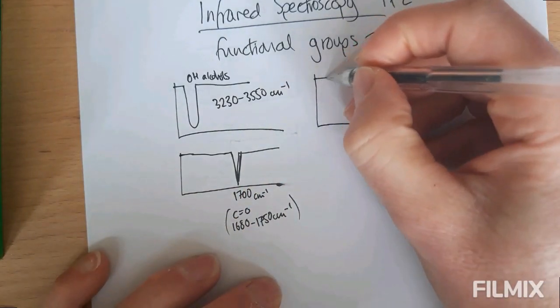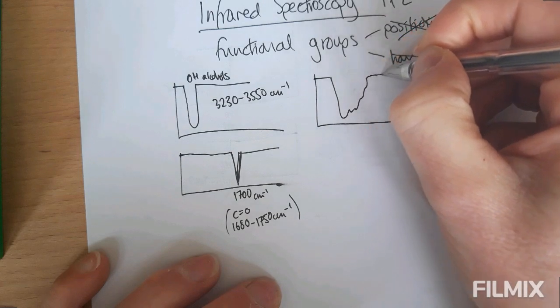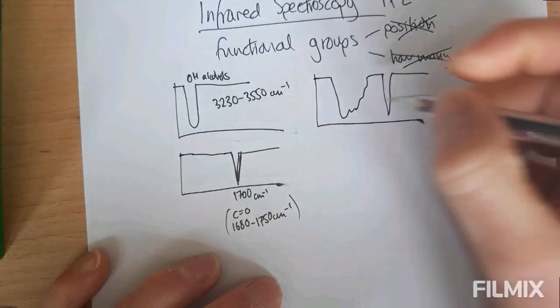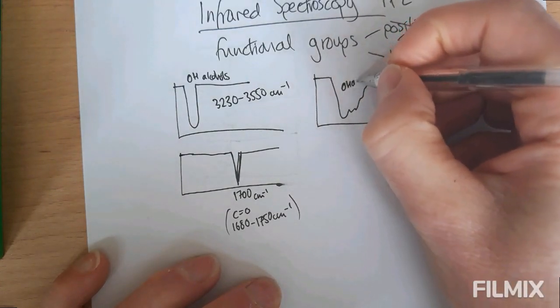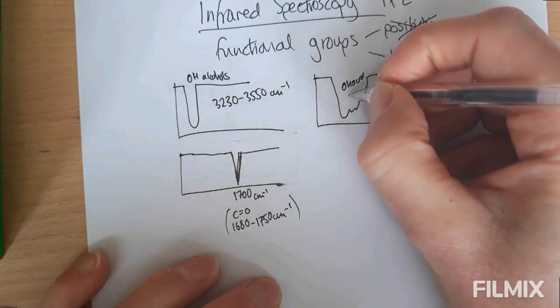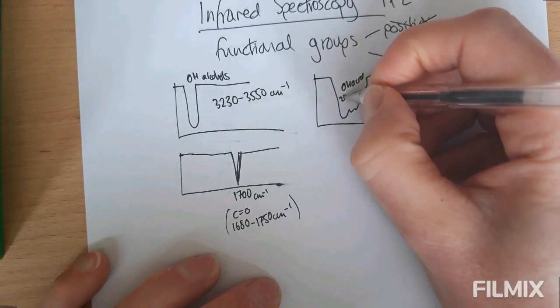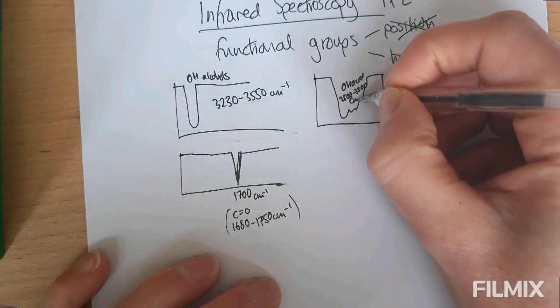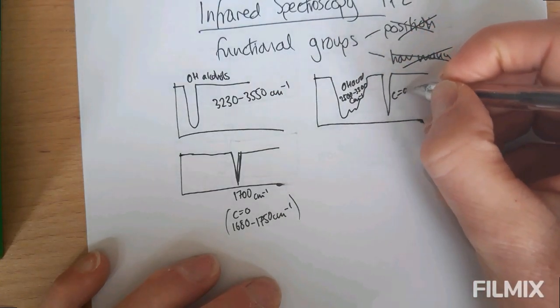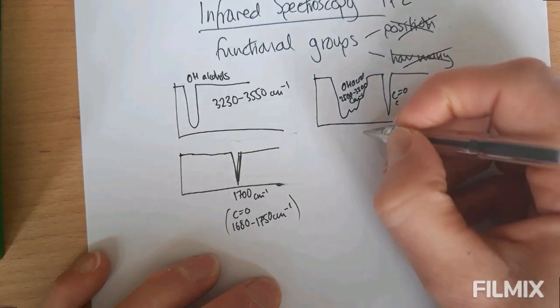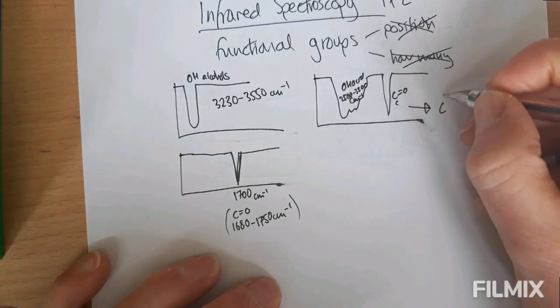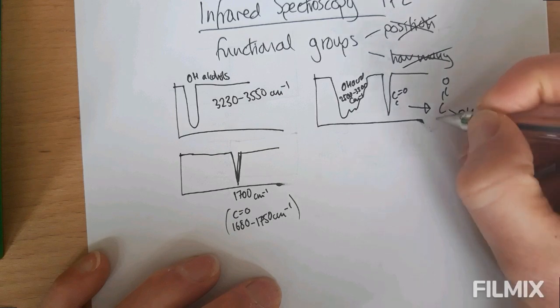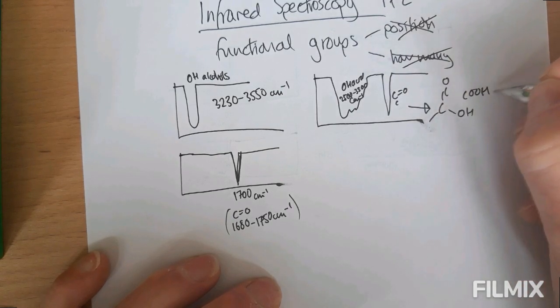I'm looking for this very familiar combination of an OH acid peak, which is 2500 to 3300 centimeters to the -1, combined with a C=O, and together these tell you that you're dealing with a carboxylic acid, a COOH group.